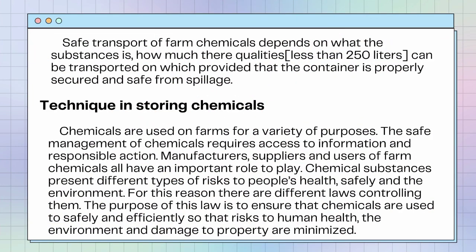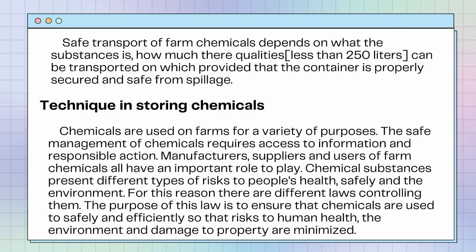Technique in storing chemicals. Chemicals are used on farms for a variety of purposes. The safe management of chemicals requires access to information and responsible action. Manufacturers, suppliers, and users of farm chemicals all have an important role to play.